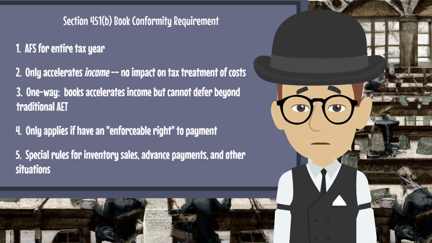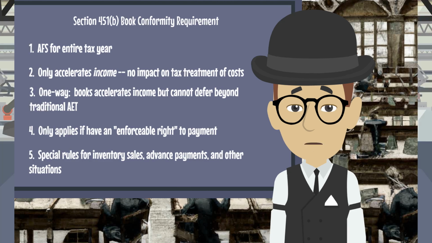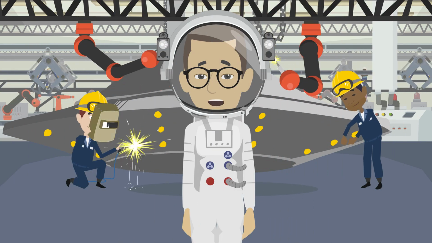We didn't discuss these special rules because they're sufficiently complex that they deserve separate episodes of their own. But at least be aware that the Section 451 regulations for the book conformity requirement are not as straightforward as you might think. Well, that's it for this episode.